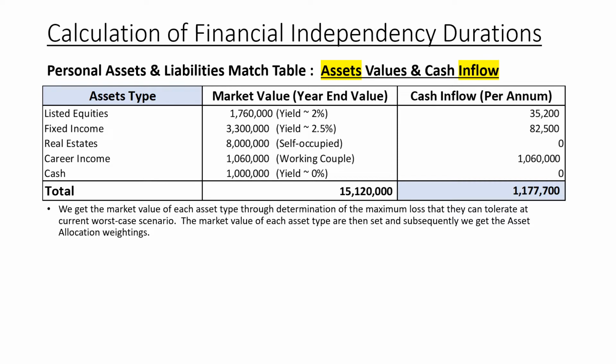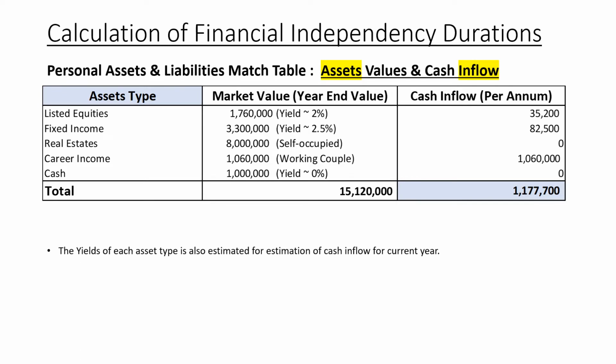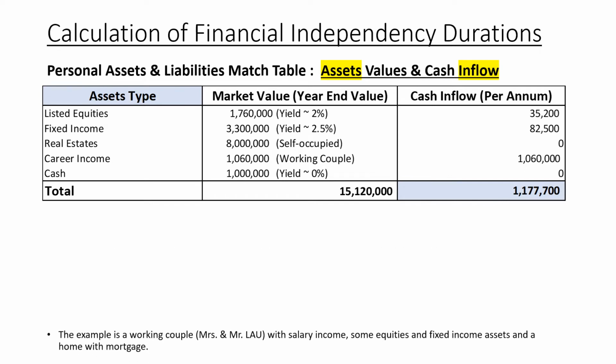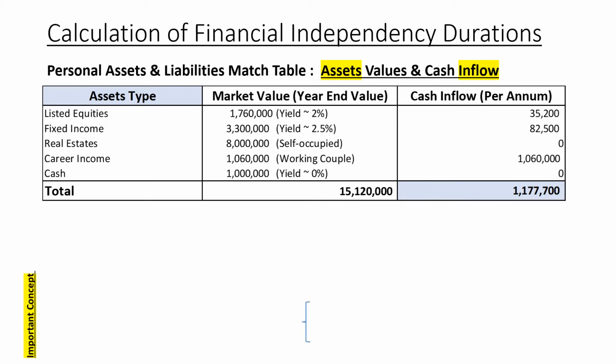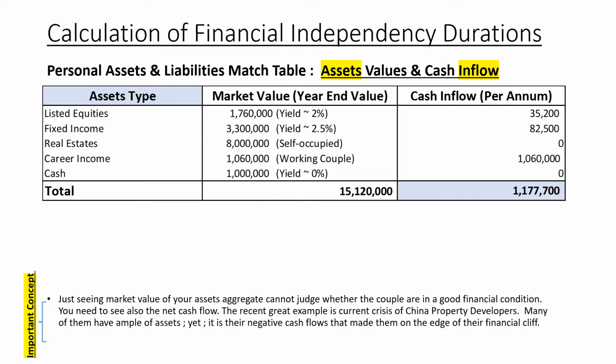As we already described in the last slide, about how to get the asset allocation weighting, the yield of the asset you can get from last year as a reference. And the couple is working now, so they have career income.